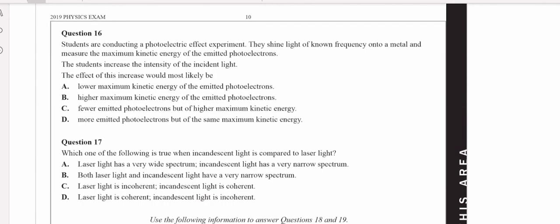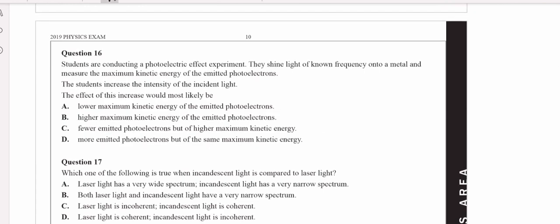Question 16. Photoelectric effect experiment. They shine light of a known frequency onto the metal and measure the maximum kinetic energy of emitted photoelectrons. They increase the intensity of light.